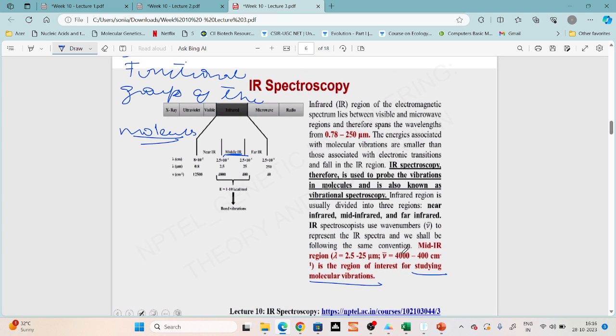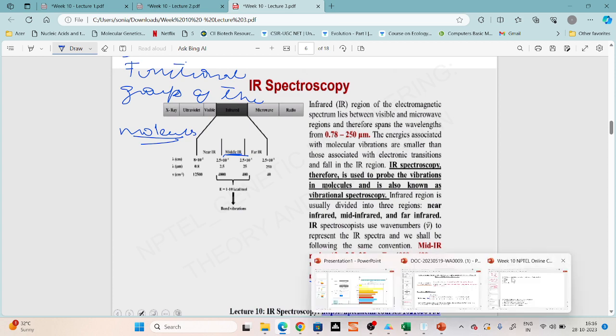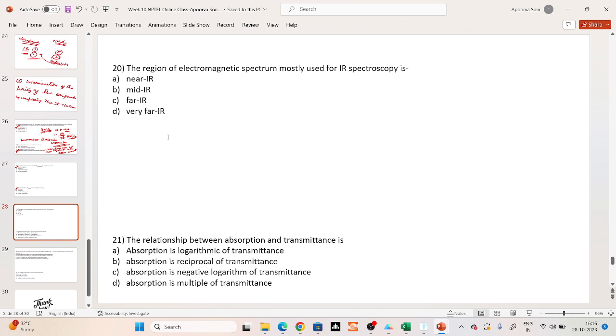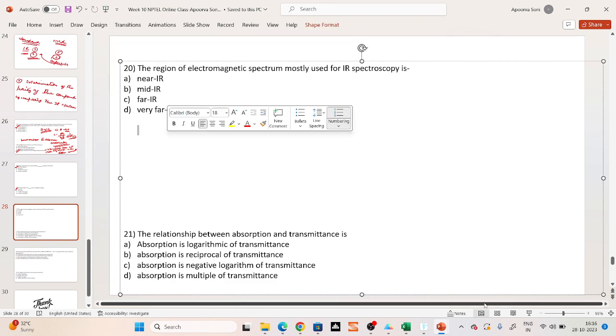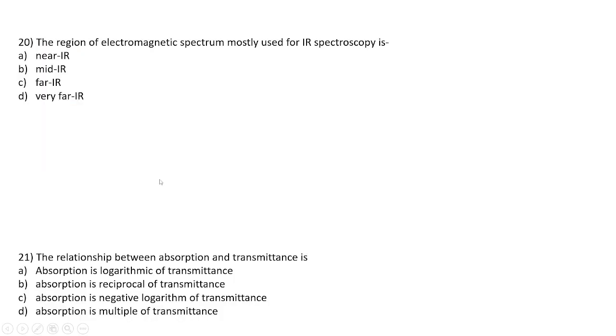This mid infrared region corresponds to the wavelength of 2.5 to 25 micrometer, and it has a frequency of 4000 to 400 centimeters minus 1. So the answer of this question would be mid infrared region.